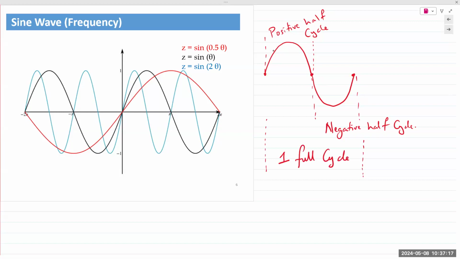That full cycle is mathematically represented by the uppercase T. X-axis is always time. Typically, the units are always seconds. And so T is known as the time period of the waveform in seconds.